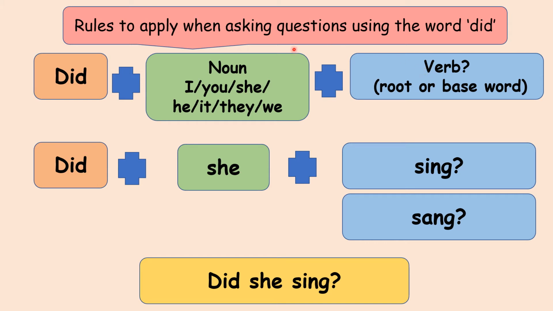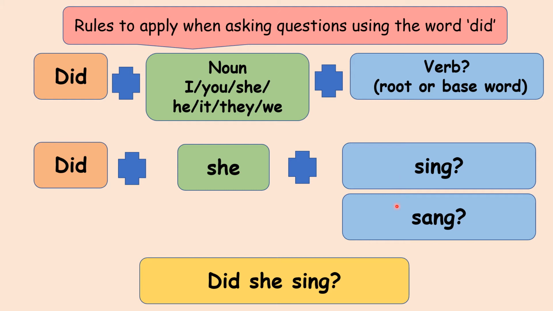So we will get did, and then followed by the pronoun. Here we will use the word she, and then comes the verb. Now, we have two verbs here. One is sing and the other one is sang. Sang is the past tense of sing.